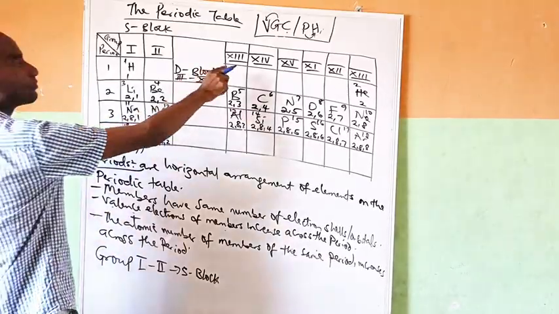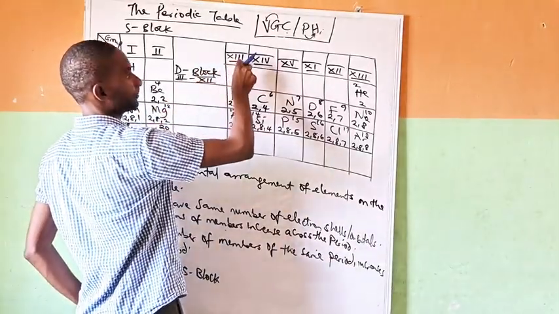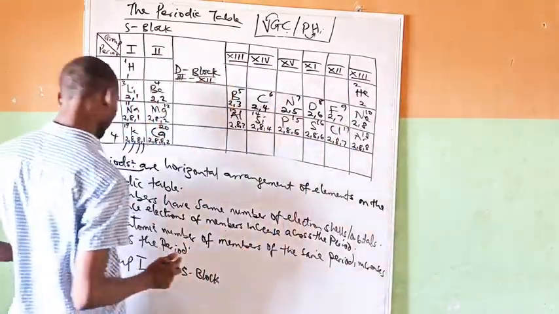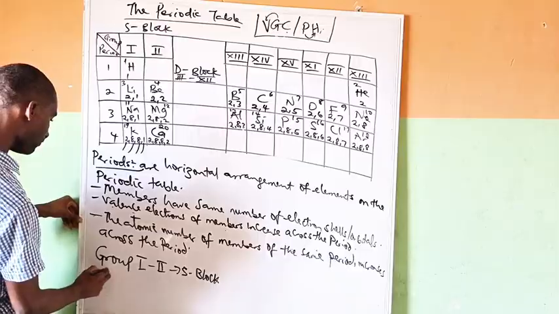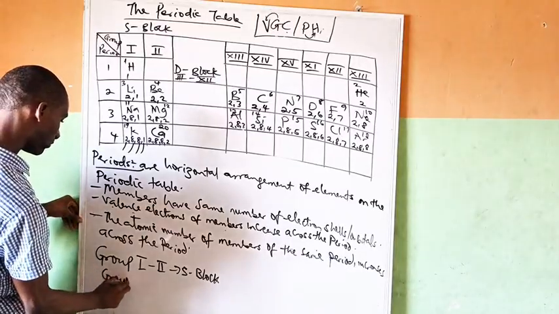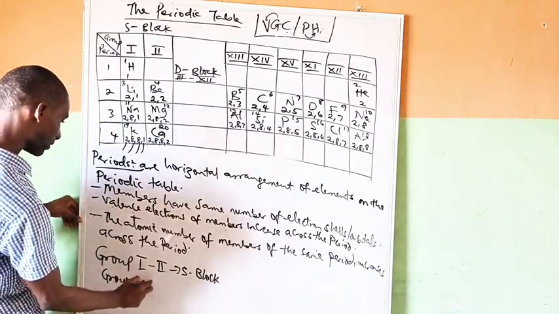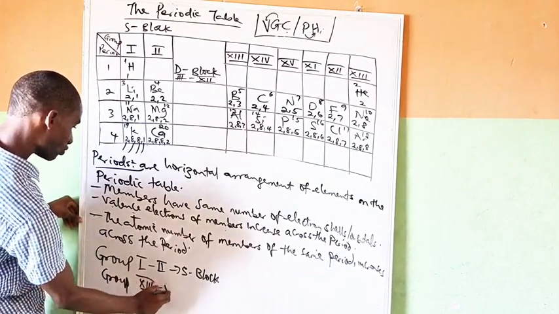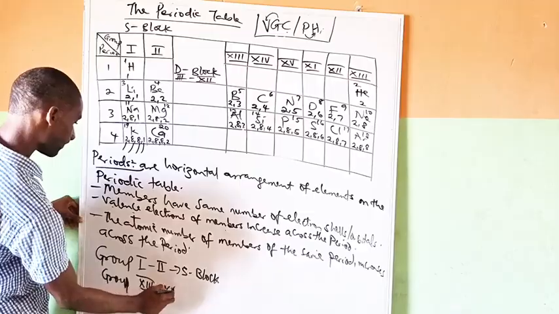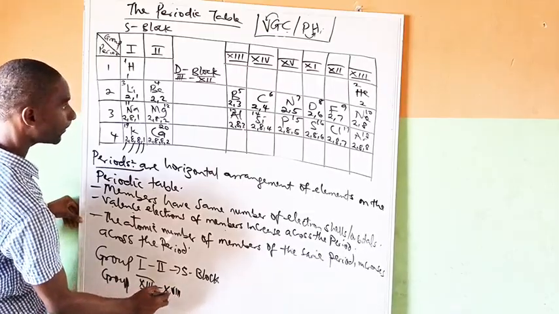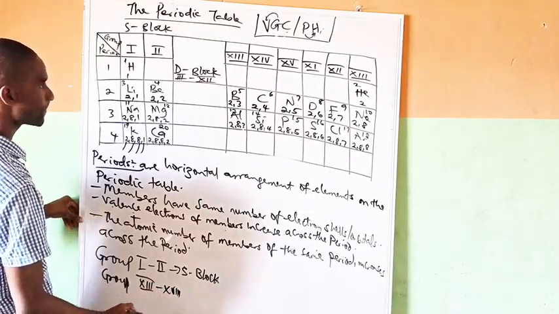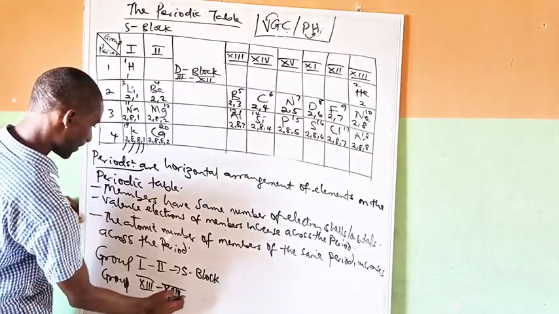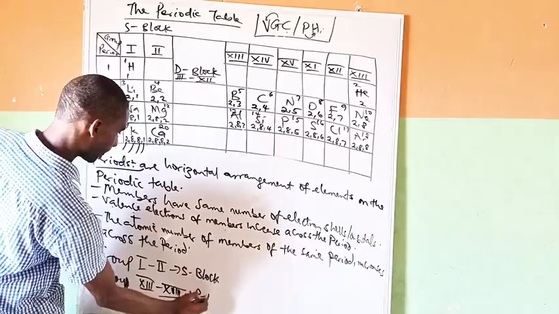Now, group 13 to group 18 are the P block. They are the what? P block.